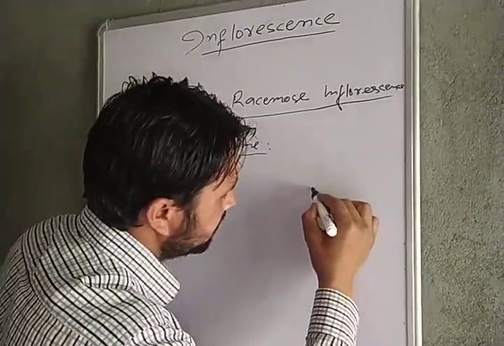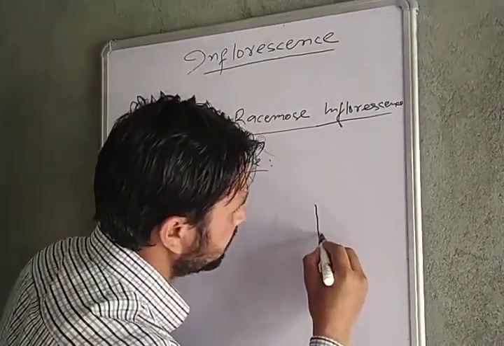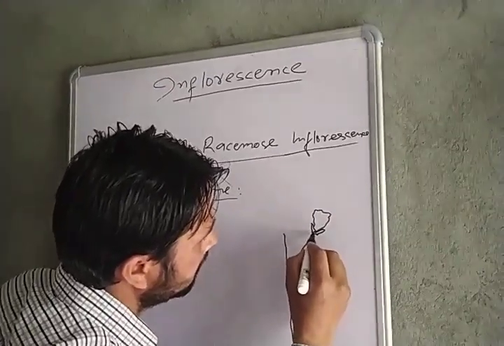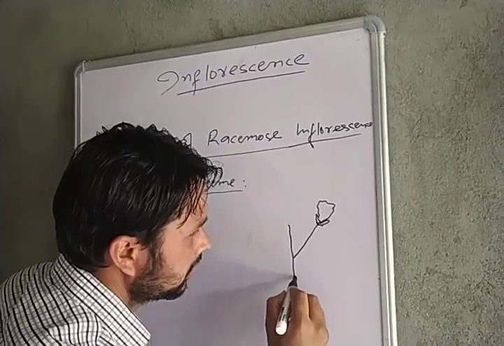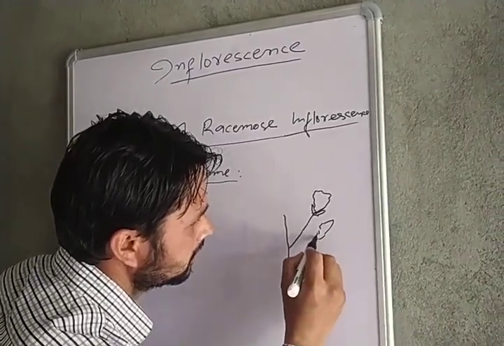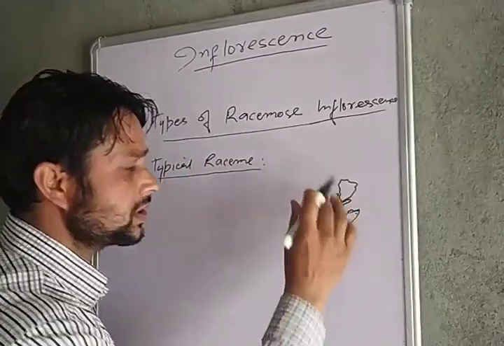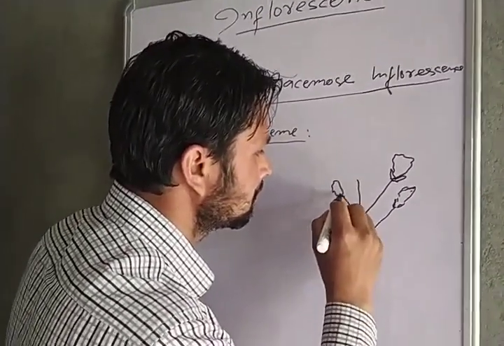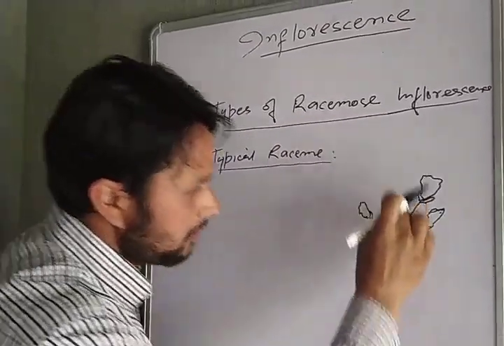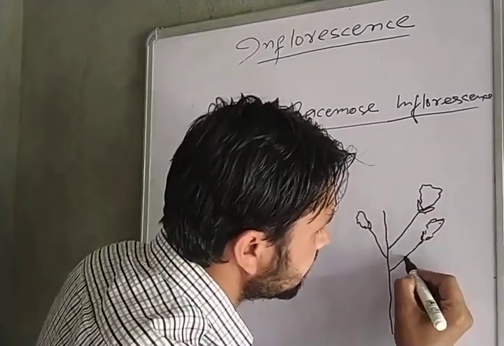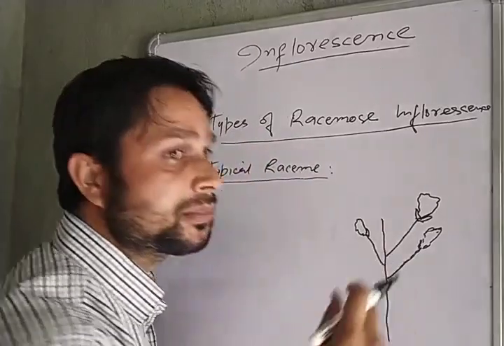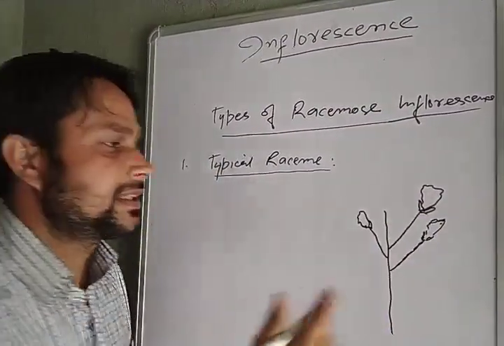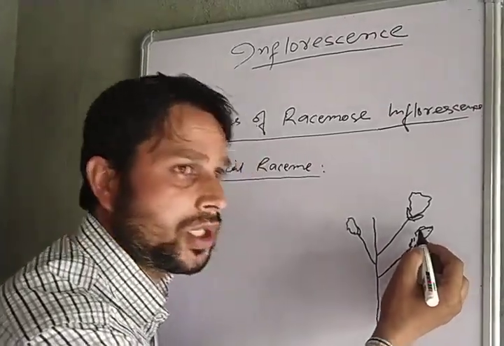If this is the peduncle, this is the pedicel, and this is the flower. These are flowers born on the peduncle, but the flowers are pedicellate, that means they possess a pedicel. Pedicel is the stalk-like structure on which the flower is born.